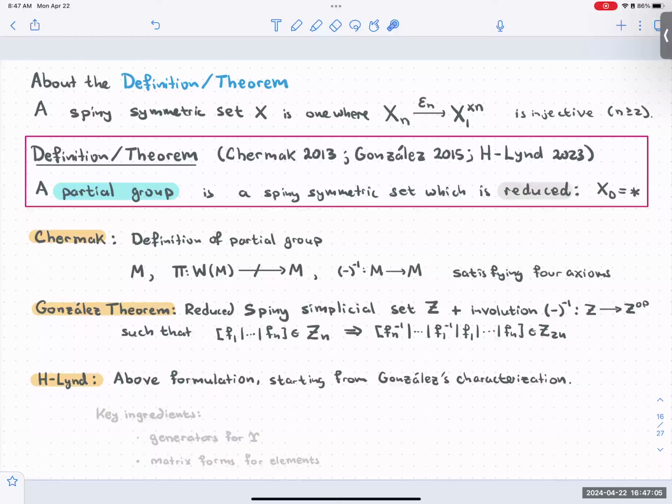Gonzalez proved that this data could actually be encoded in simplicial sets.